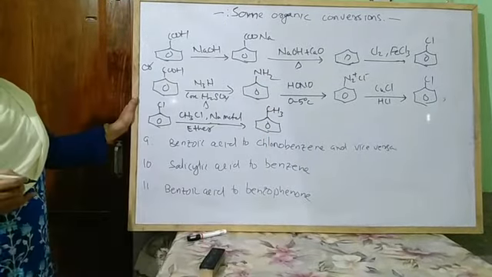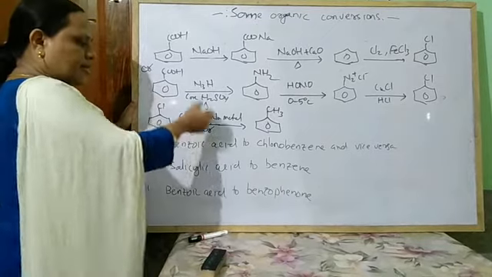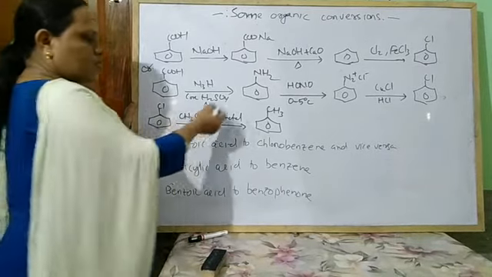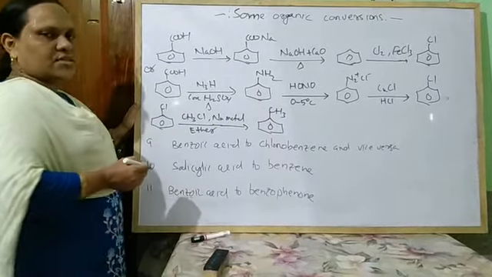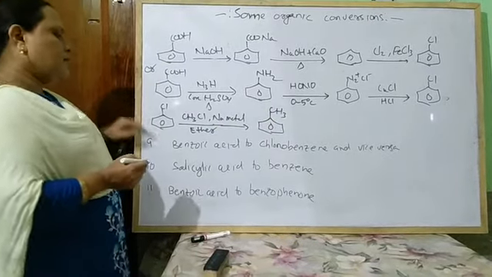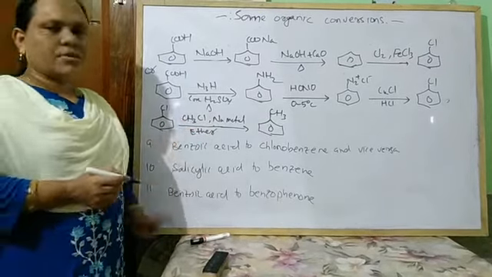This reaction is known as the Wurtz-Fittig reaction. Alkyl halide and aryl halide react with sodium metal to form alkylated benzene. So this is treated with methyl chloride in ether to form toluene.